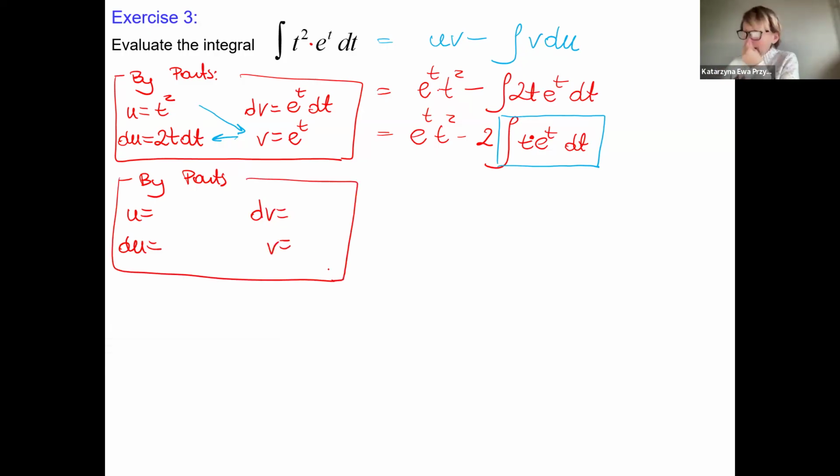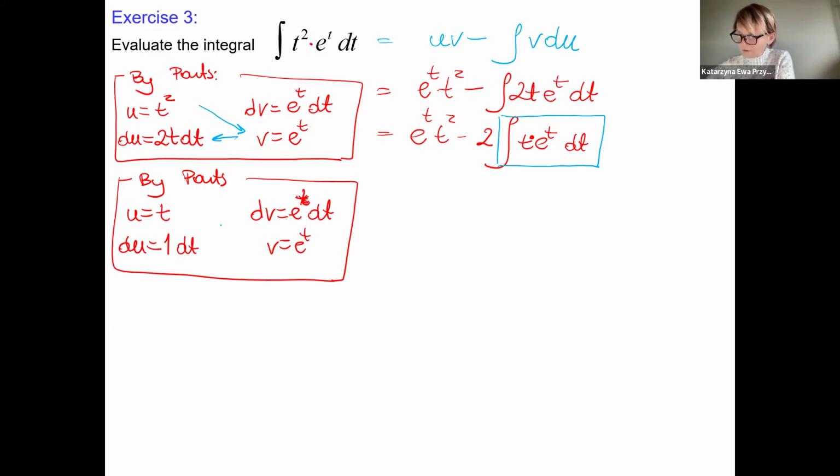Since we put the algebraic function t squared for the first one, I will put t. When we apply it a second time, or a third time, let's be consistent with the type of functions that we choose for u and dv. And this will stay e to the t. Then 1 dt, or t, e to the t.